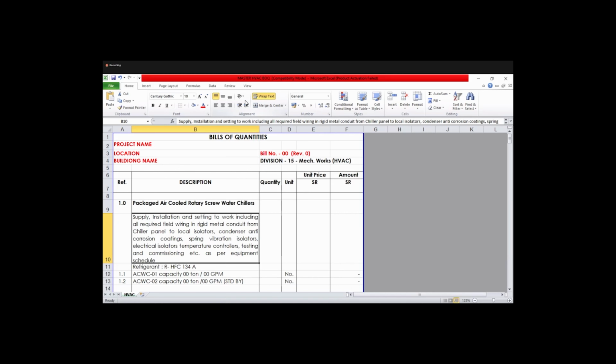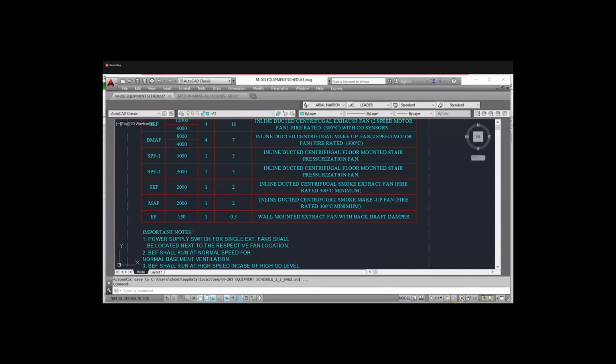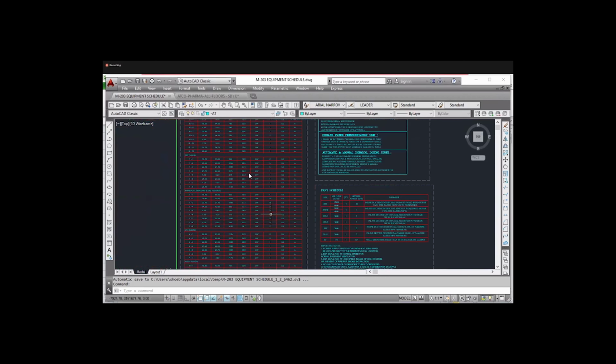So for material takeoff of the duct. So let's start with this BOQ part. So this is a HVAC BOQ. So after the preparation of the design, as we have seen, we have prepared the schedule.